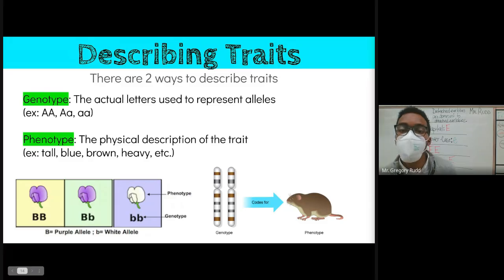That's how we would describe this trait. We could also go the other way. We could also say attached earlobes are recessive to detached earlobes.